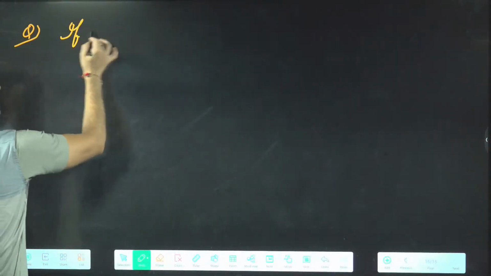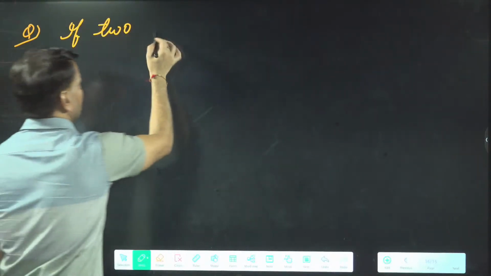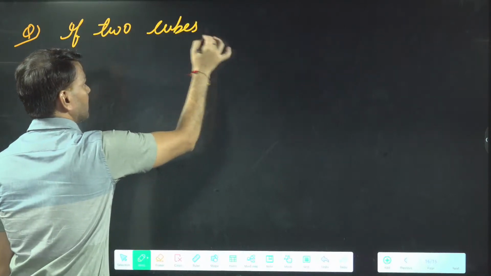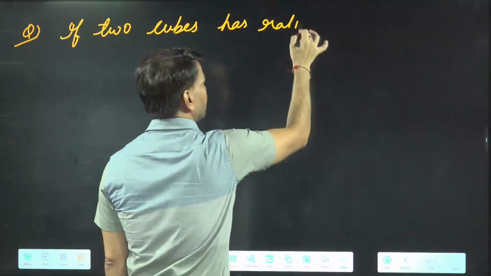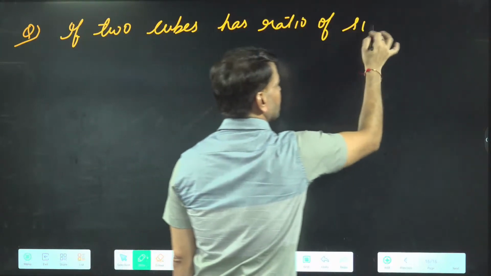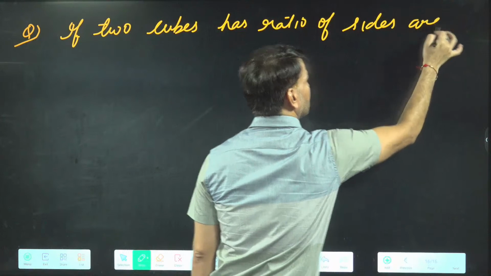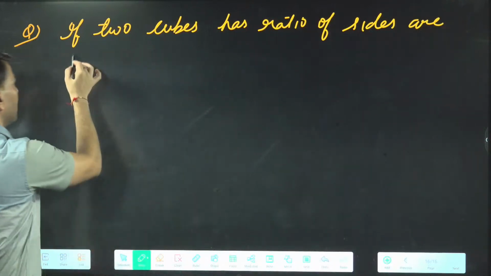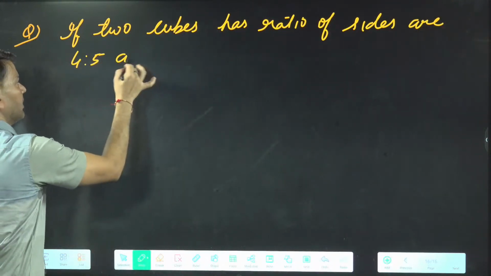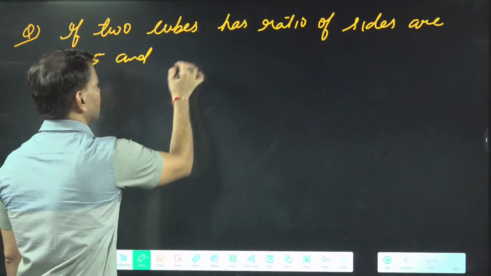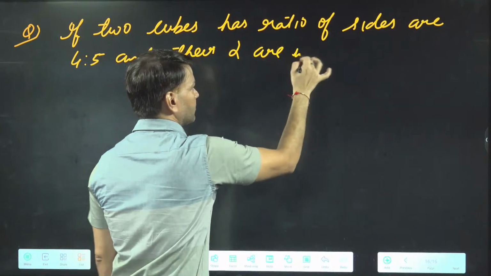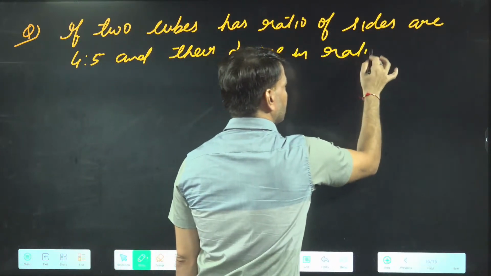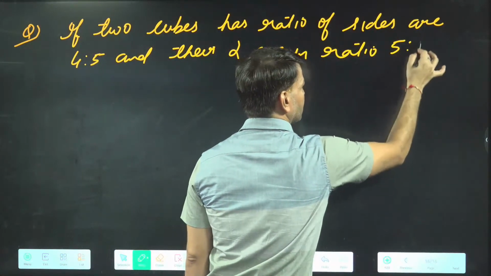Then next, two cubes, the ratio of their sides is 4:5 and their alpha are in the ratio 5:4.